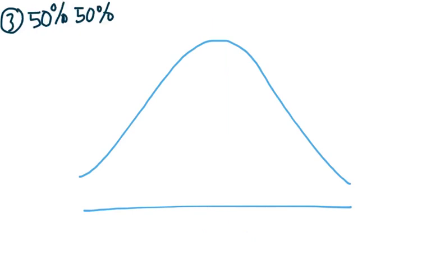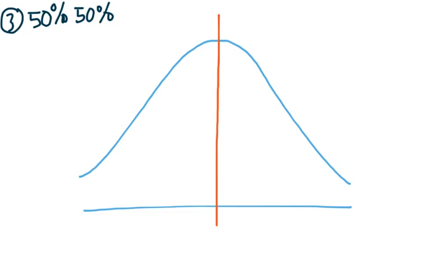The third property of the normal distribution says 50%, 50%. What does that mean? When we fold the normal distribution in the middle, we know the total probability, or total area under the curve, is 1.